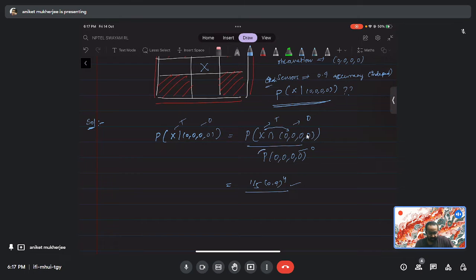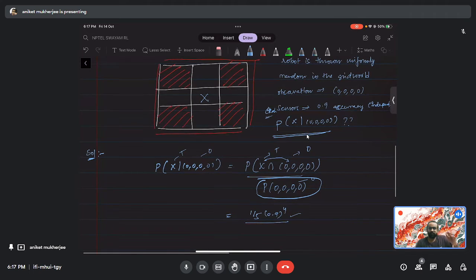How do you calculate just the probability of observing 0, 0, 0, 0? I'll give you some time to think, maybe 6 to 8 seconds. Whatever you think of, just let me know. The number of states that have 0, 0, 0, 0 divided by the total number of valid states.